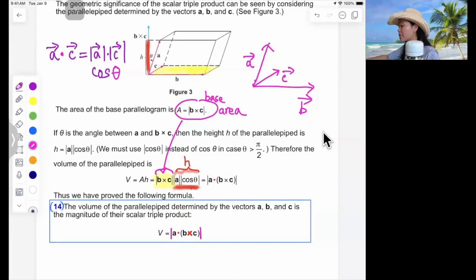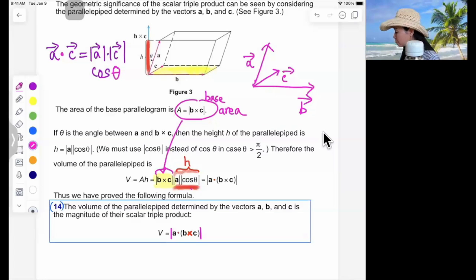So this one here is a dot product of this vector B cross C with this vector A. Remember that the dot product is commutative. So you can actually put A here and B cross C here. So this is the magnitude of A dot B cross C.